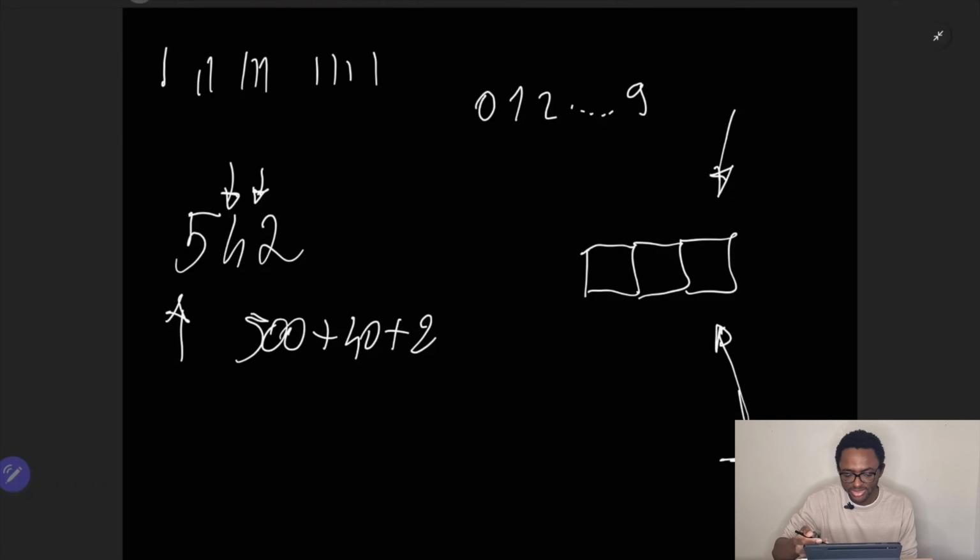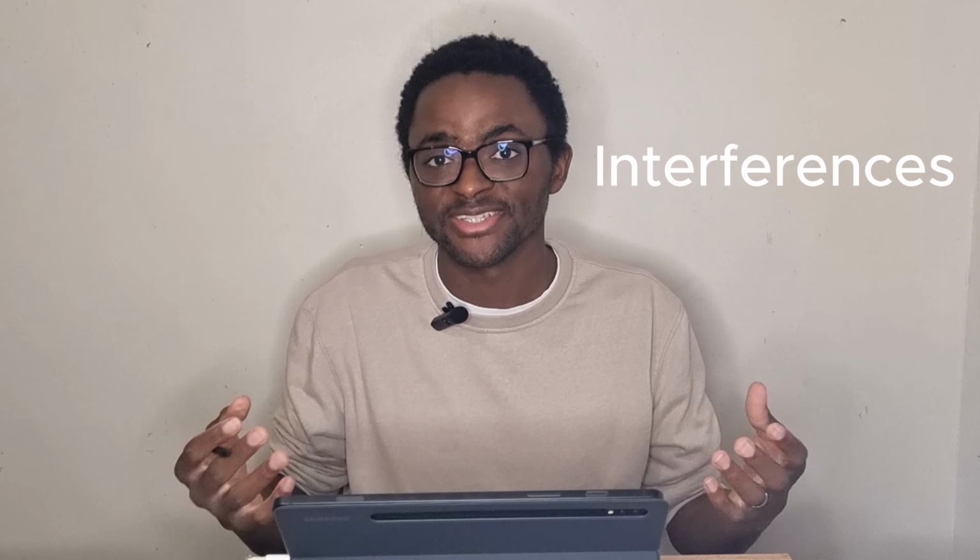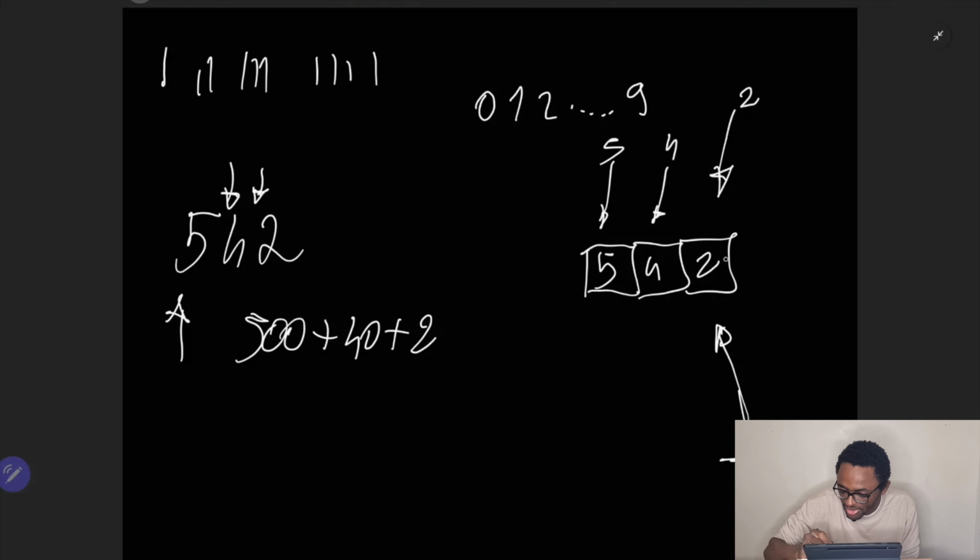If we want to represent the number 542, we put here the electrical signal 2, here the signal 4, and here the signal 5. Unfortunately, this system would work only in an ideal scenario, because in a real world scenario, we have interferences. For example, in this number that we are trying to represent, we have the digit 2 here because we put the signal at level 2 here.